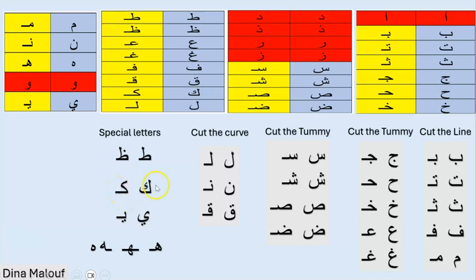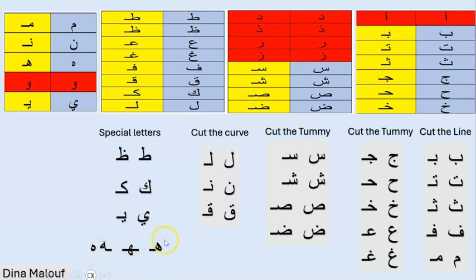But if it was at the end, we keep it the same. Here also is a special letter, which is ya. Ya, when we connect it, we change it to this one with the two dots down. And this is ha. Ha also is a special letter because it has different shapes.